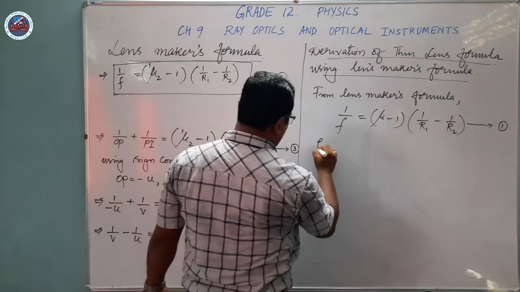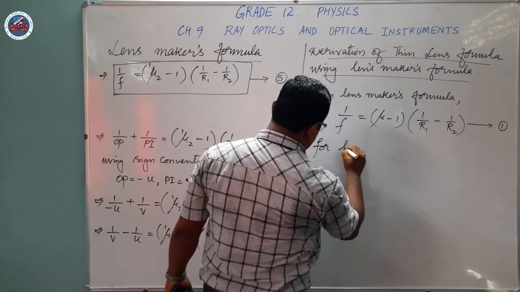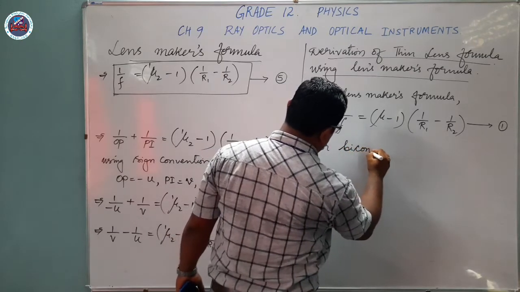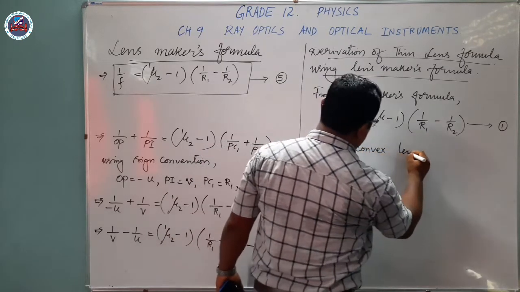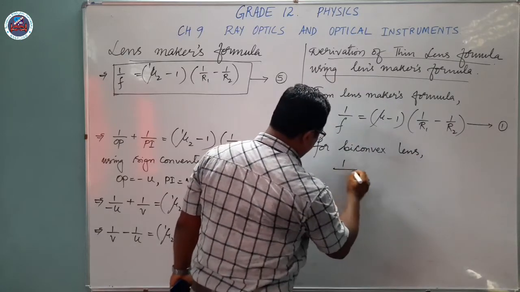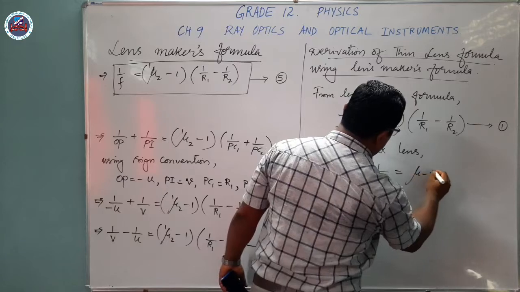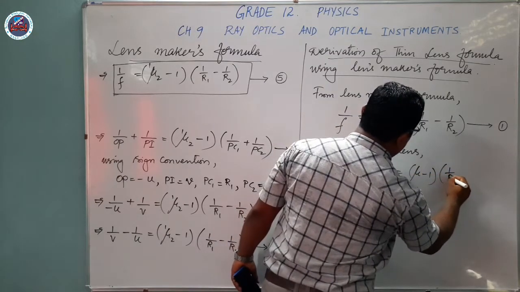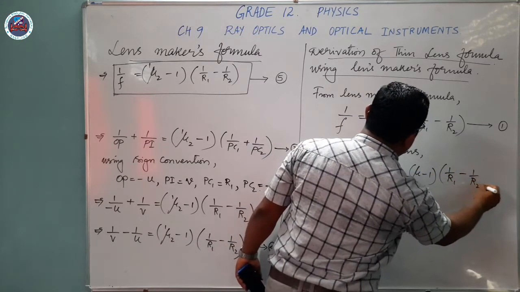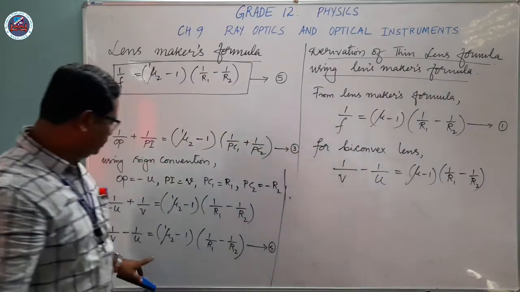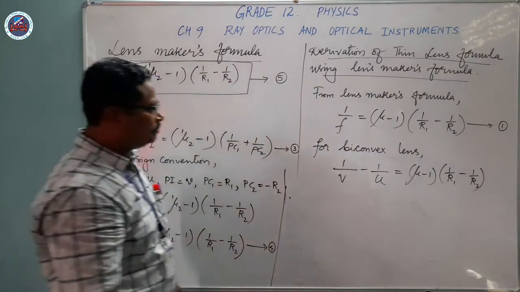Then for a biconvex lens, you can write 1 by v minus 1 by u is equal to (mu minus 1) into (1 by r1 minus 1 by r2). This is from equation number 2.